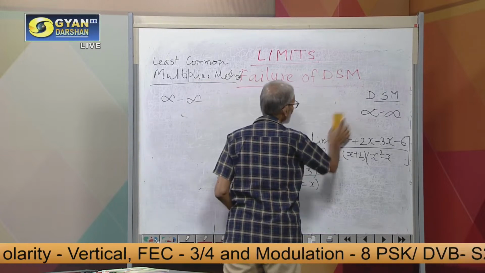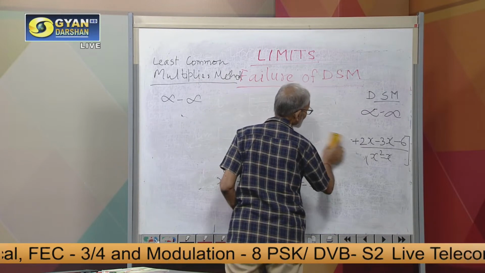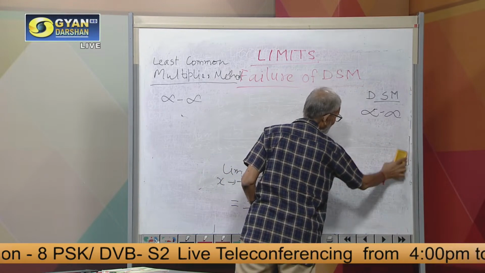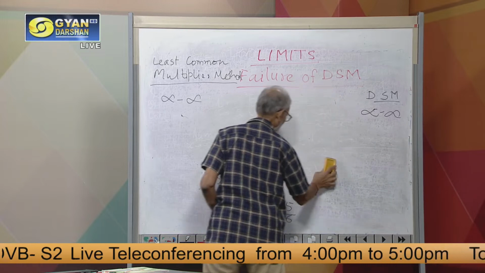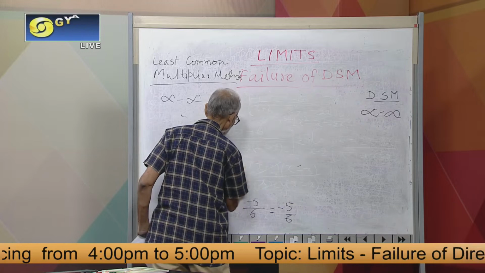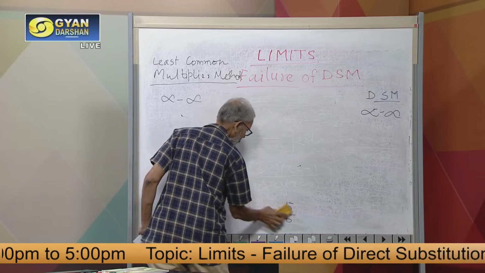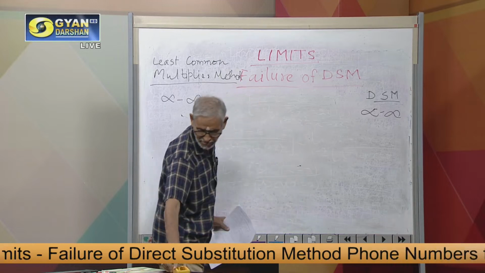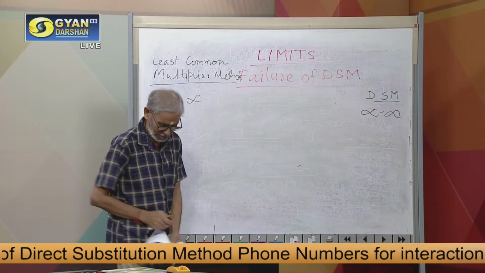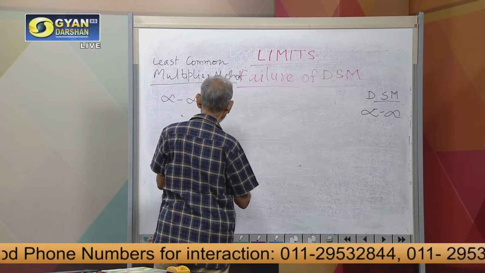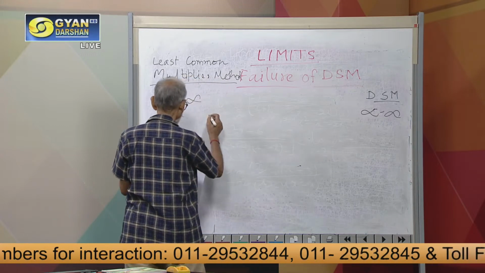Some functions are there, so we rationalize it and then we take common factor outside, and then by substituting a in place of x we get the result. So we come out from the indeterminate form. So let us take an example.